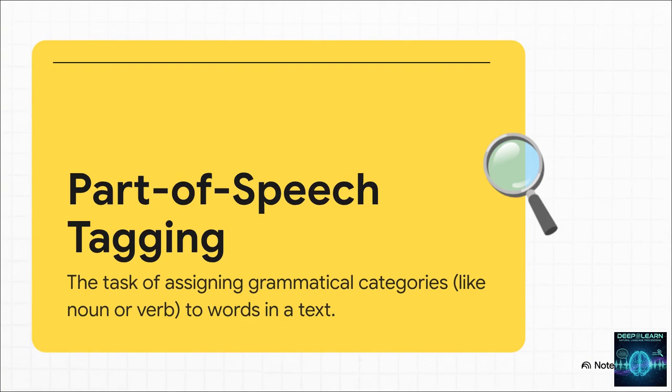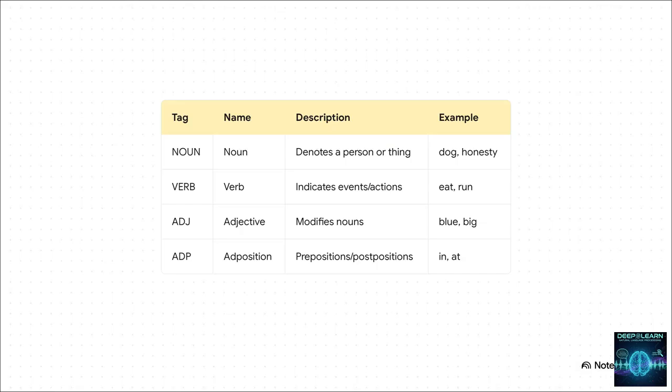It's an absolutely critical step because understanding these roles is the foundation for pretty much every other complex language task that comes next. And what's so powerful about this is the effort to standardize the whole process. Thanks to amazing projects like Universal Dependencies, we now have a consistent set of tags that can apply across dozens of different languages. It's kind of like creating a linguistic Rosetta Stone, but for machines.